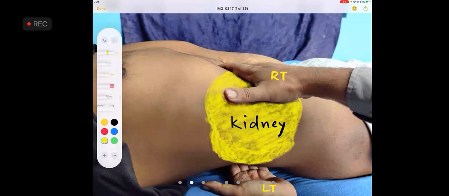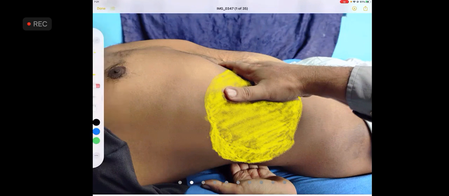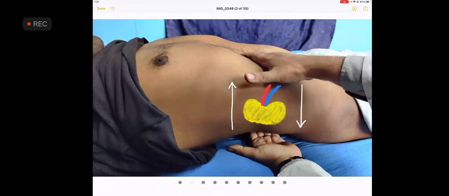So the lump is felt simultaneously by the right and the left hand. So this is technically called a bimanually palpable swelling. Now which obviously is not always a kidney lump.